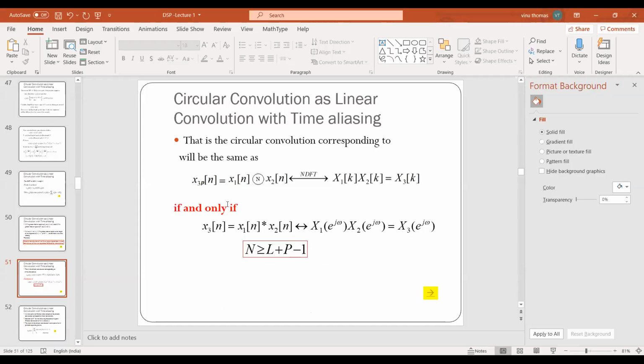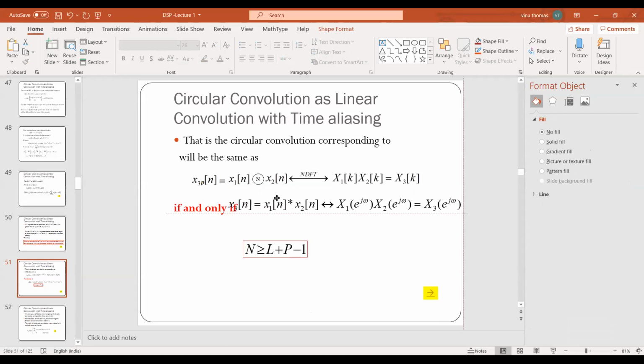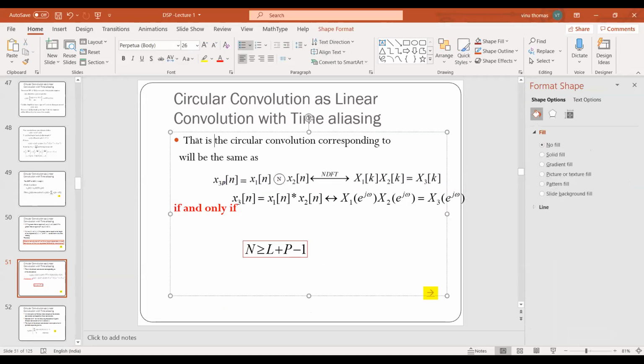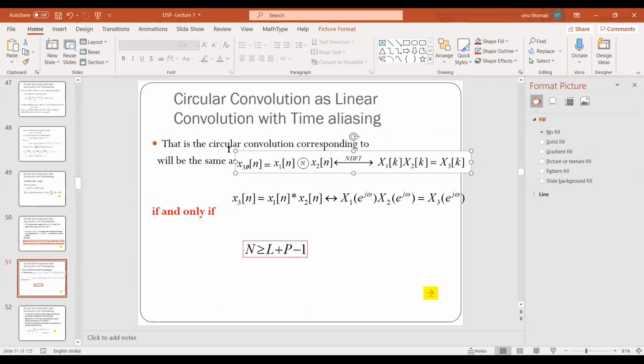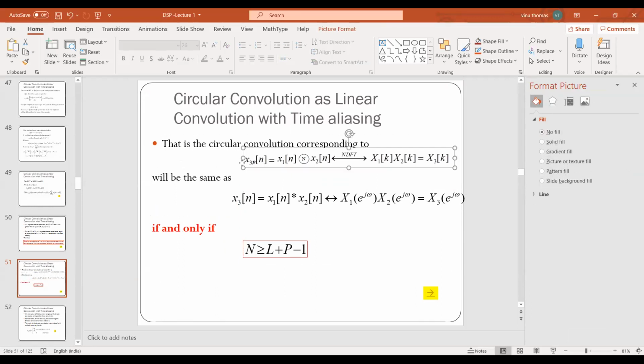I'll need some rearrangement here. Some unintended formatting took place.